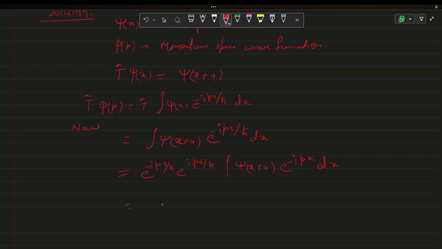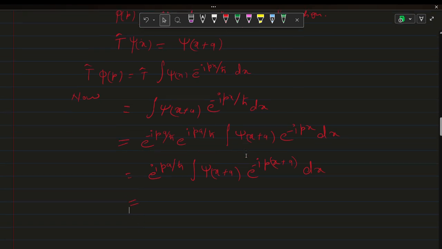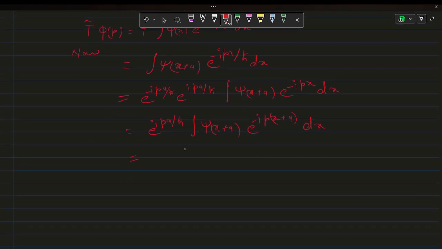So this can further be written as e to the power ipa upon ħ. This whole part is a constant, so we can take it inside the integration: ψ(x+a) e to the power minus ip(x+a), we can write it like this, and dx.